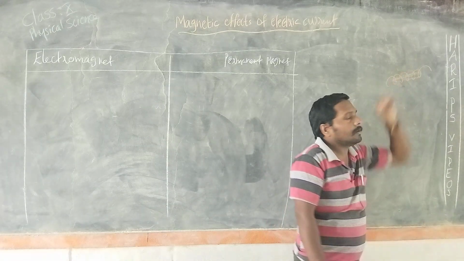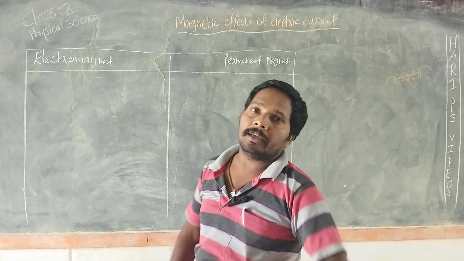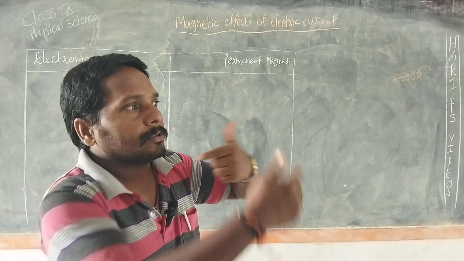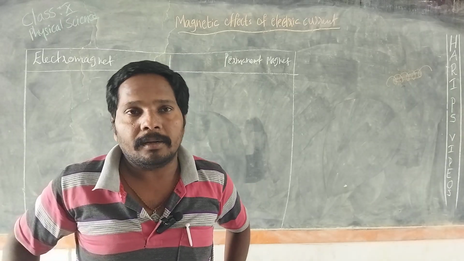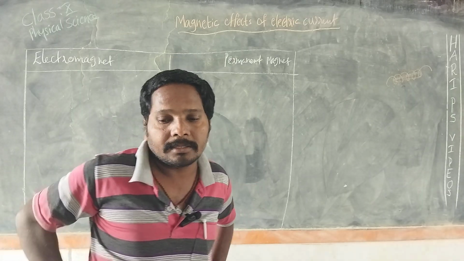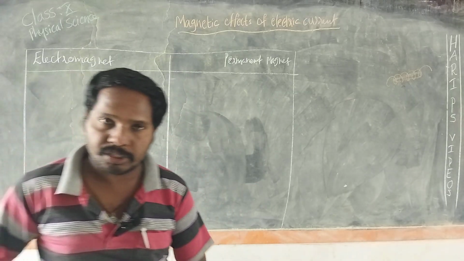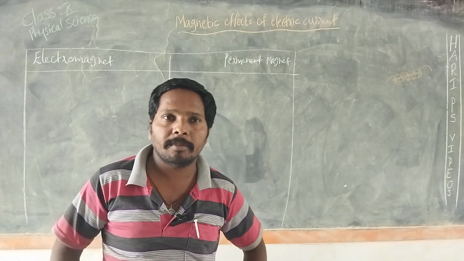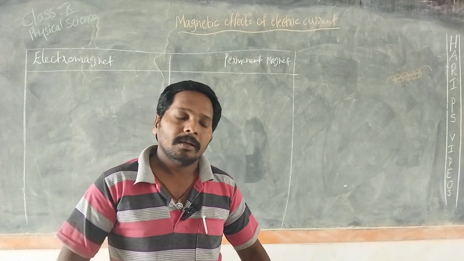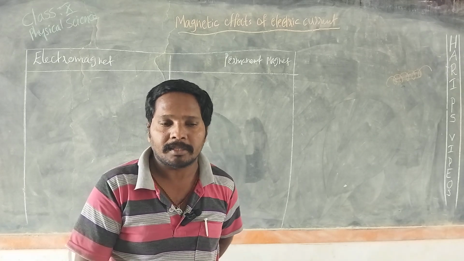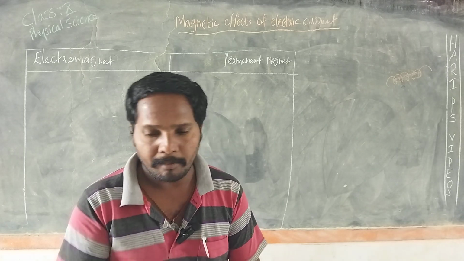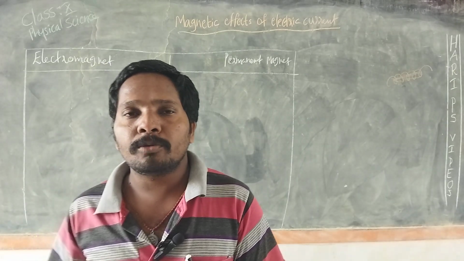When we place soft iron in that field, the soft iron also becomes a magnet. This method is called magnetization by induction. We will discuss these magnetization methods later.